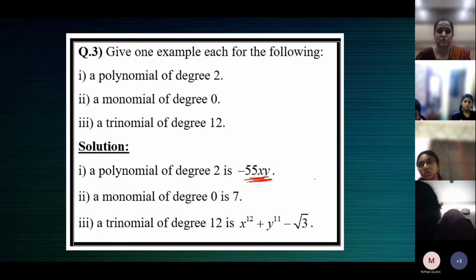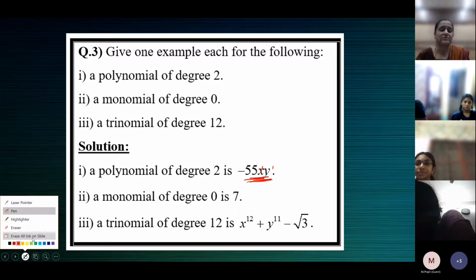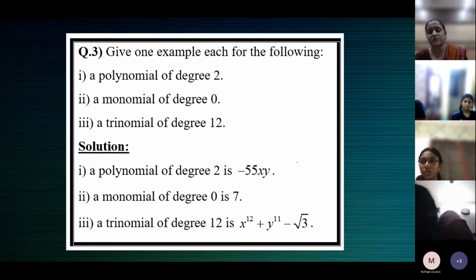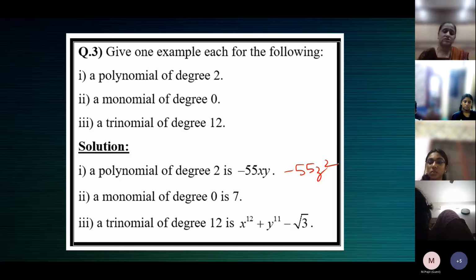The degree is 2 because 1 plus 1. So we should find the sum of the powers of the variables: 1 plus 1, 2. And there are two variables, x and y. So it's a monomial of degree 2 in two variables, x and y. You can give in one variable also, minus 55 z square, degree 2.